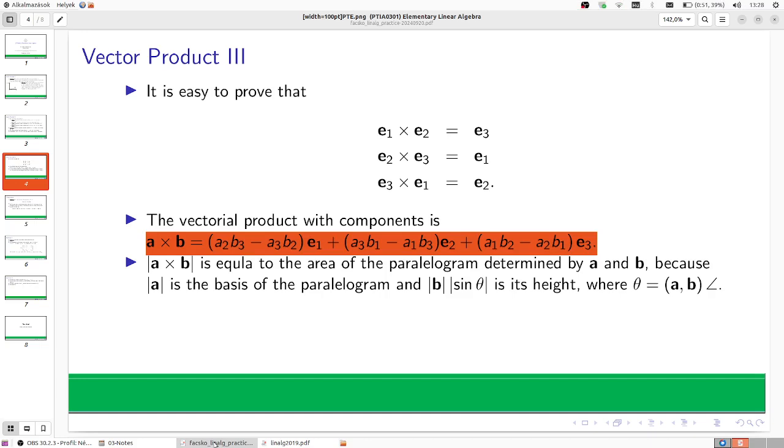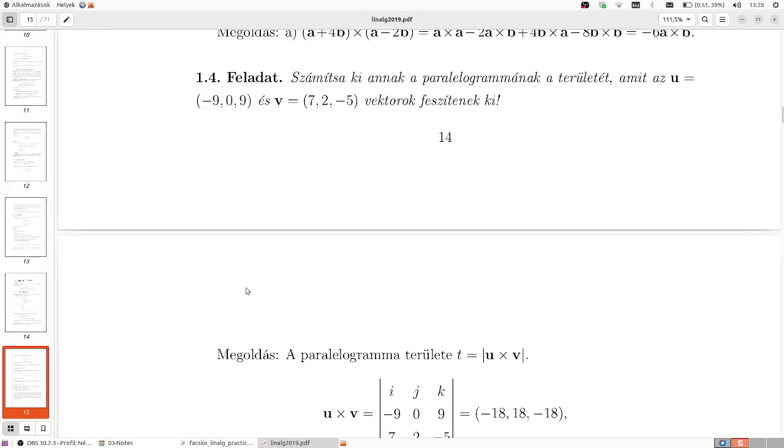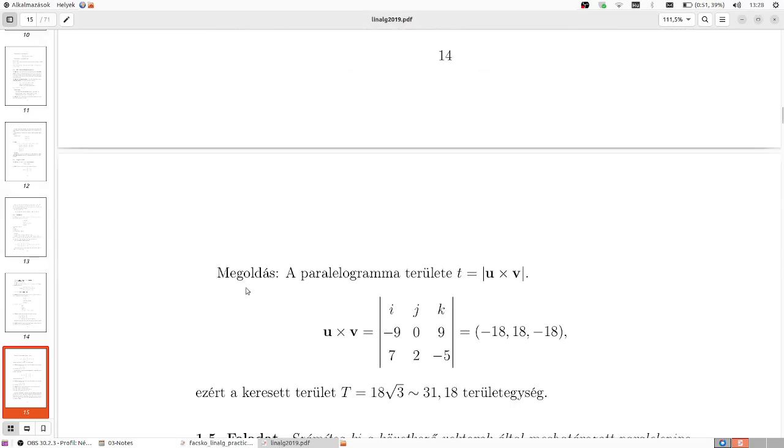This will be the area of the parallelogram. Sometimes that makes things easier. And here you are. I mean, this is a good result.